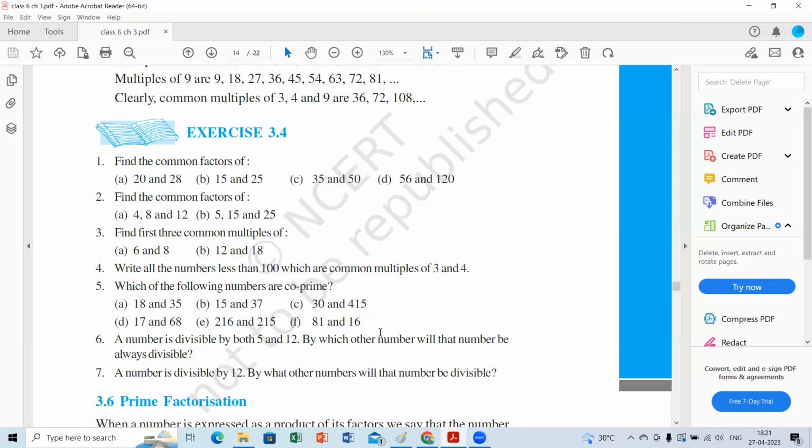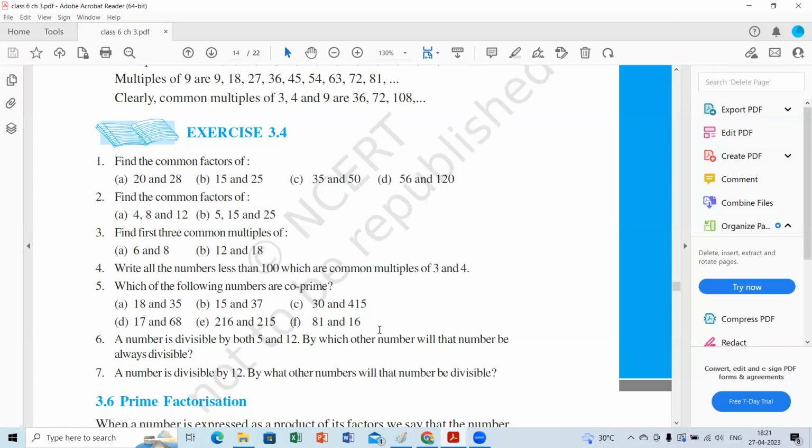What is the product of 5 and 12? 60. Is 60 divisible by 5? Yes, ma'am. 60 is divisible by 12. So what is the conclusion we can write?